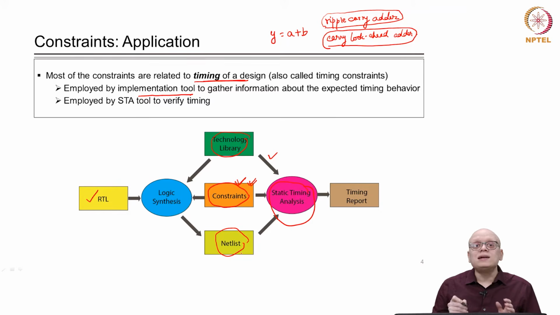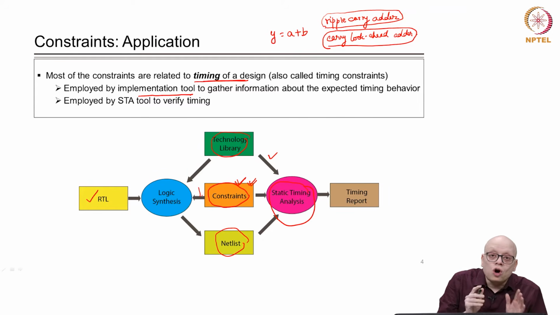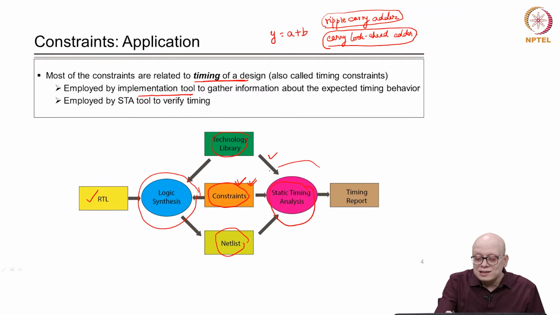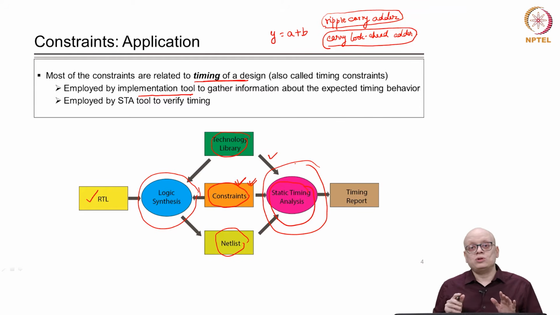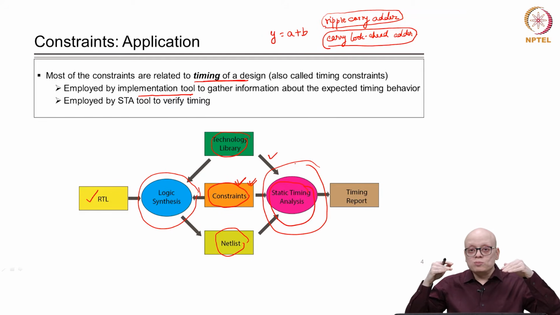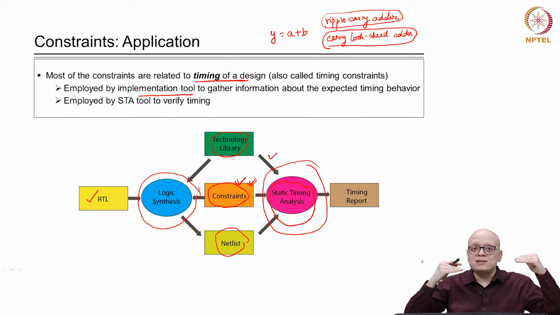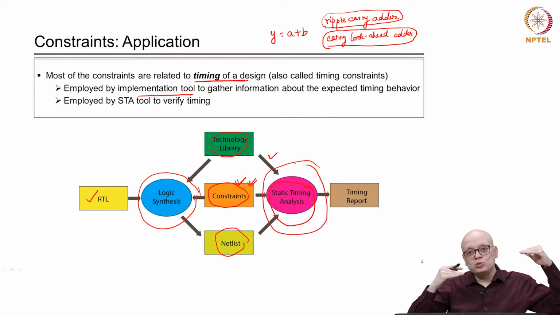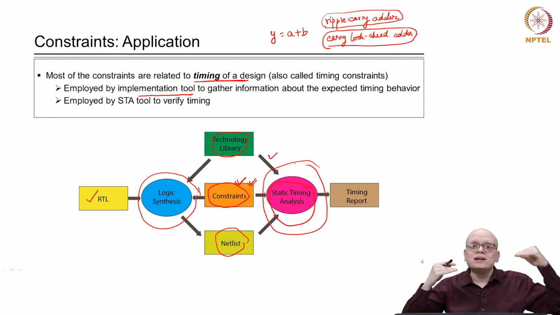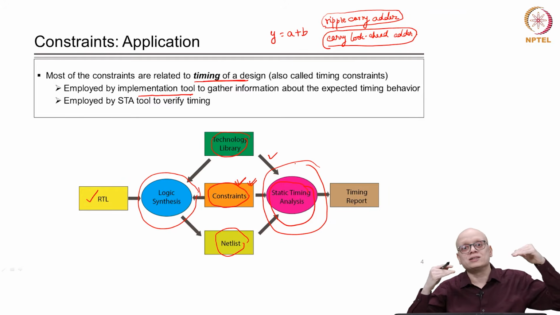Our design in this case is our netlist plus the combination of the libraries, right. So, what are constraints doing? Constraints are basically providing a common denominator both for the logic synthesis tool as well as the static timing analysis tool. The logic synthesis tool tries to meet the constraint, and the STA tool verifies whether the logic synthesis tool is able to meet the constraint or not.